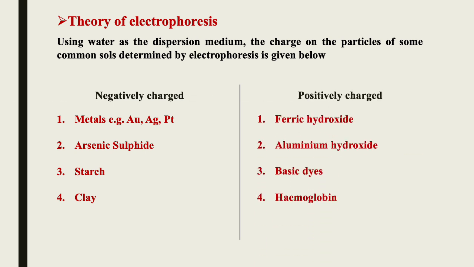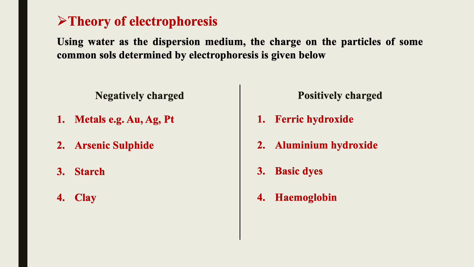Now we will see what the positively charged particles are. There are four examples mentioned here. The first example is ferric hydroxide, which carries a positive charge. The second is aluminum hydroxide. The third is basic dye, and the fourth example is hemoglobin, in our human blood.